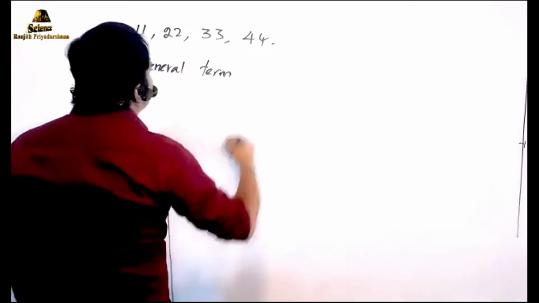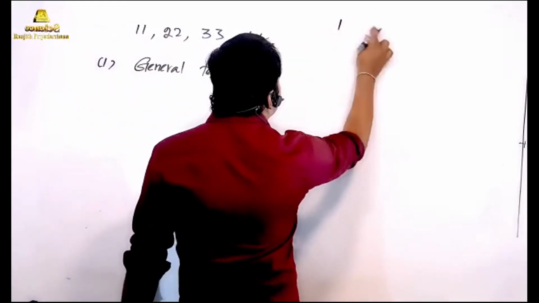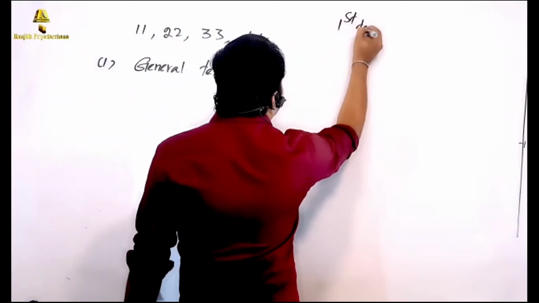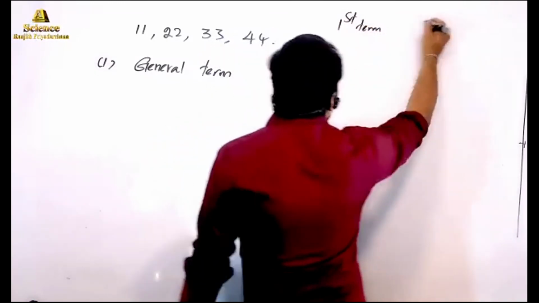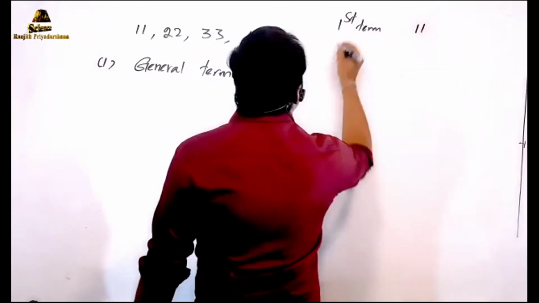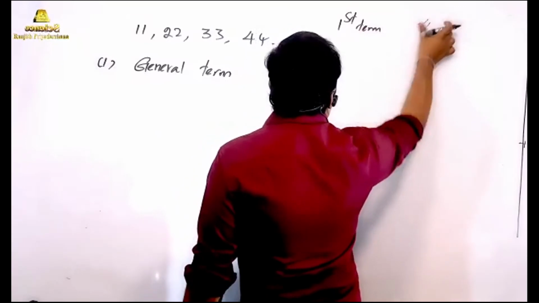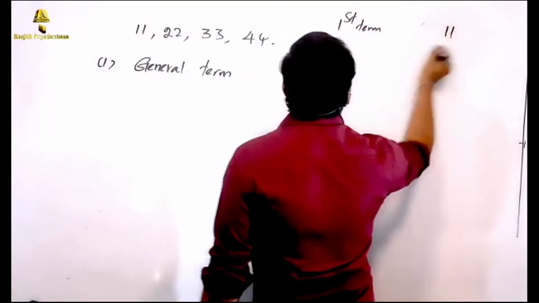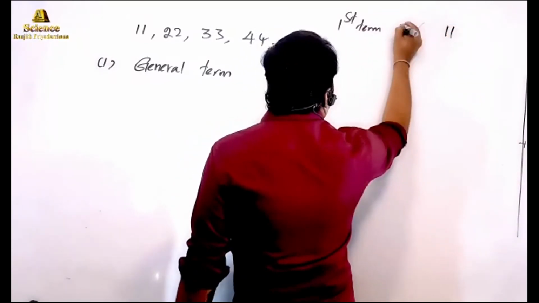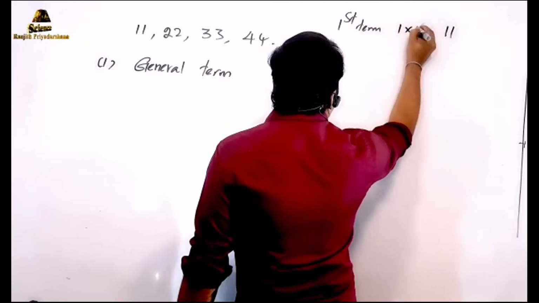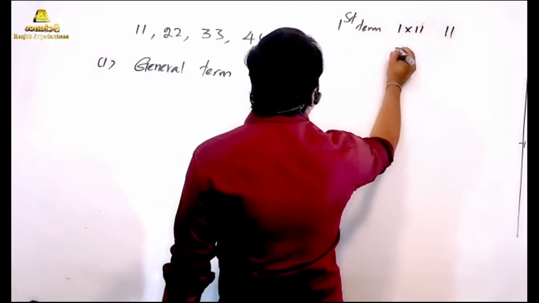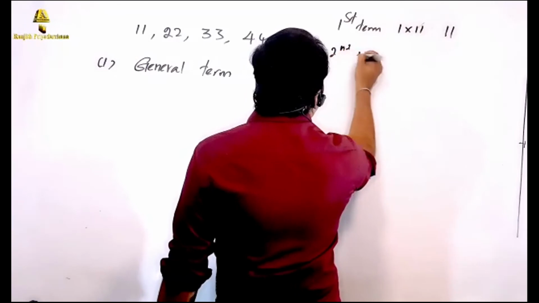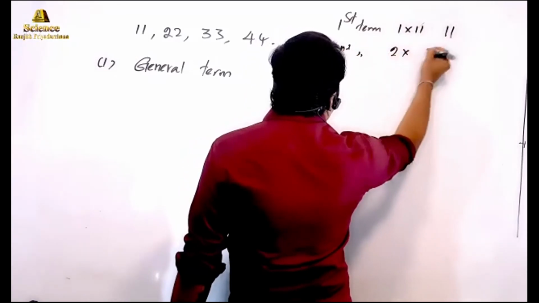Okay, the first term is 11. That's 11. How does it happen? 1 multiplied by 11. The second term, 2 into 11, that's 22.